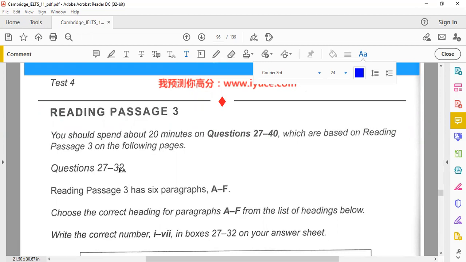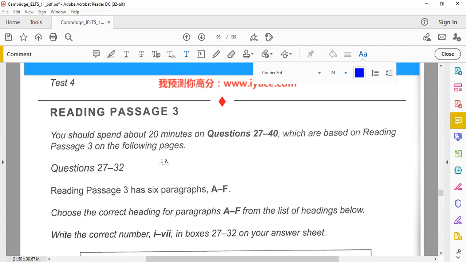Similarly in passage two there may be 12 to 15 questions, and in the last passage there may be 12 to 15. Normally they give 13 plus 13 plus 14 plus 14, and in this way they make a score. But cleverly they have given these questions here before the passage. So be very careful about it.